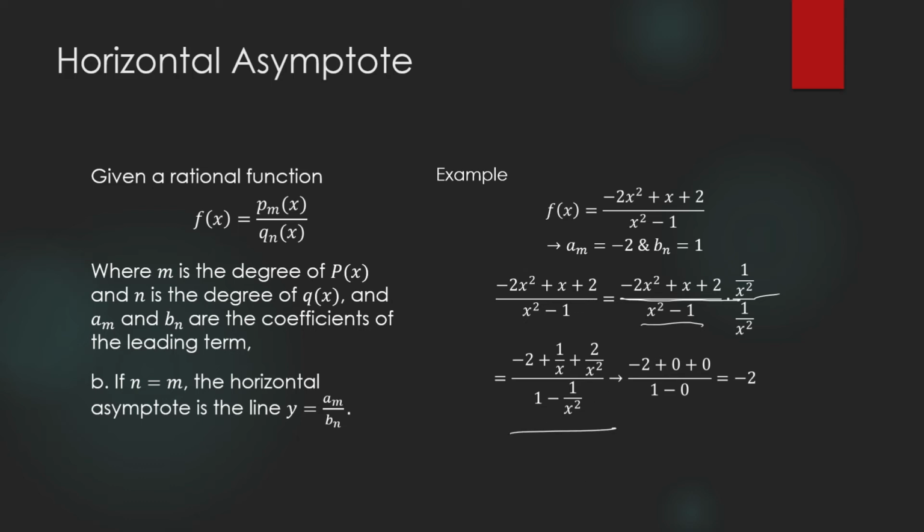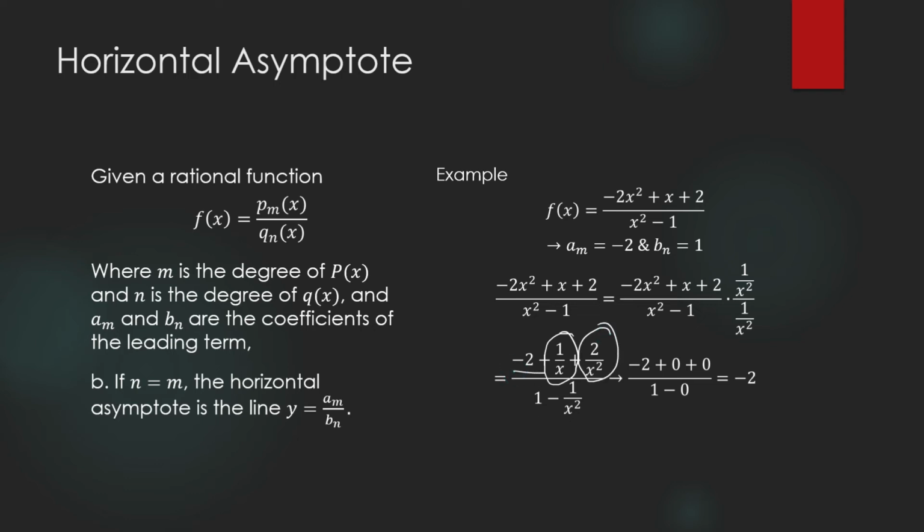Now, let us see what happens to the value of your function. The value of your function is the y-coordinate of your points. What happens with the value of your function when x approaches infinity? Again, when x approaches infinity or negative infinity, this one goes to 0. This one goes to 0, but this one is not affected. It's constant.